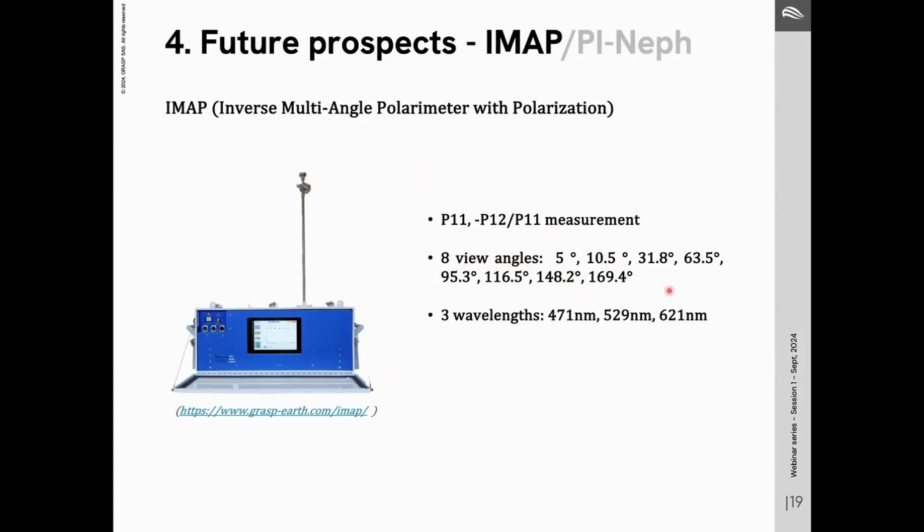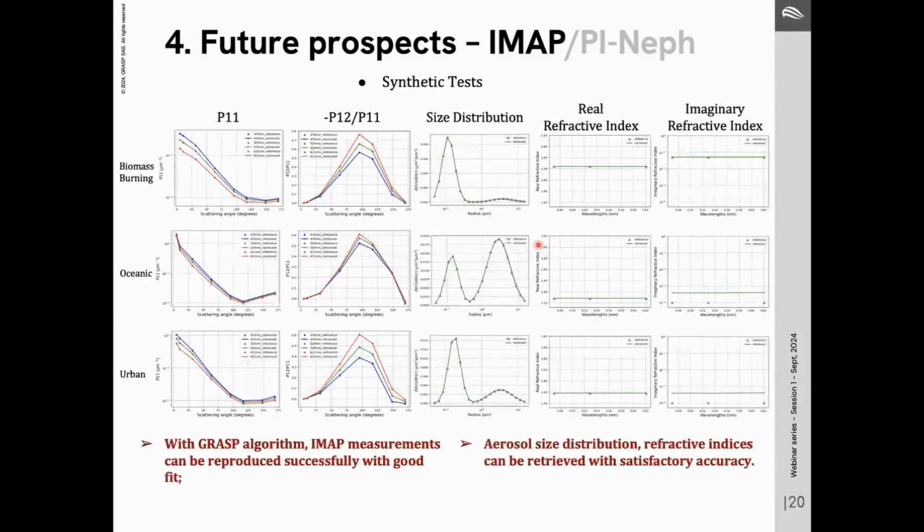As we can see, it provides much more detailed information than the integrated nephelometer, because the integrated nephelometer will only provide the forward and backward scattering and without polarization. And this one will provide much more angle information and with polarization. We also performed a synthetic test to explore its potential, and we also see very reasonable retrievals for different aerosol types.